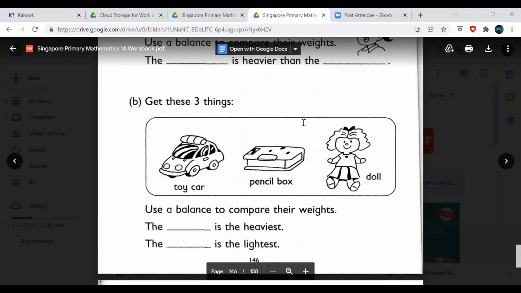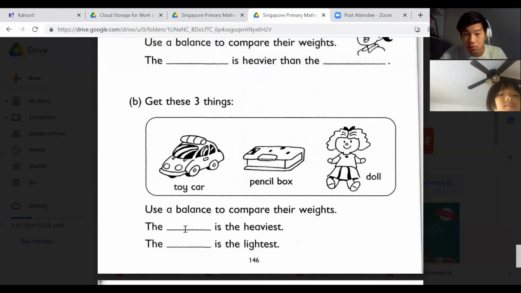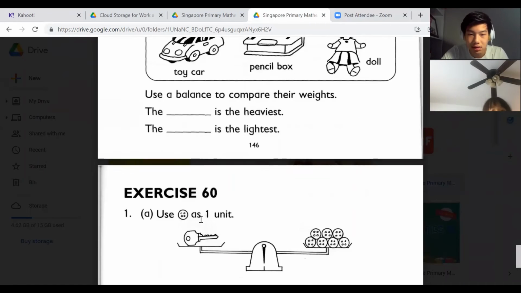The lightest is the doll. The doll's filled with cotton and easily bends. Yeah, you can say that. So the heaviest is the pencil box and the lightest is the doll.